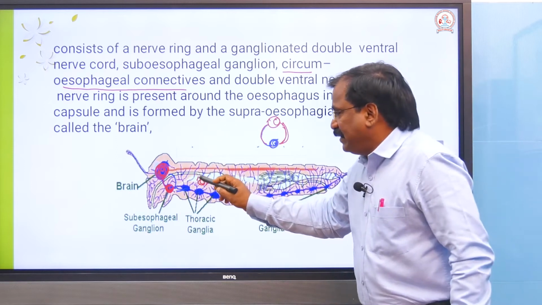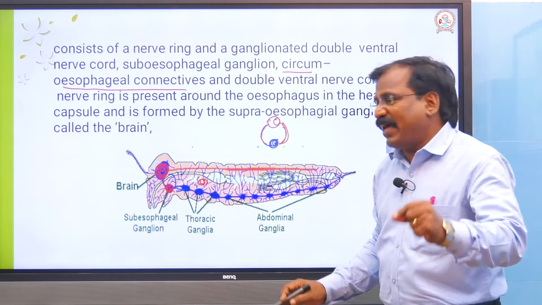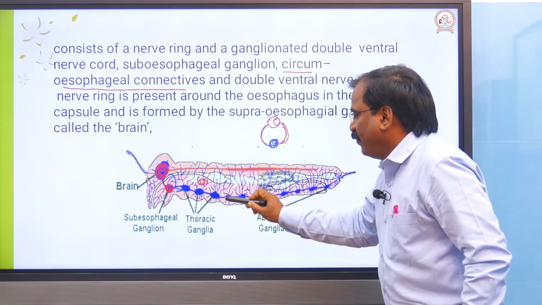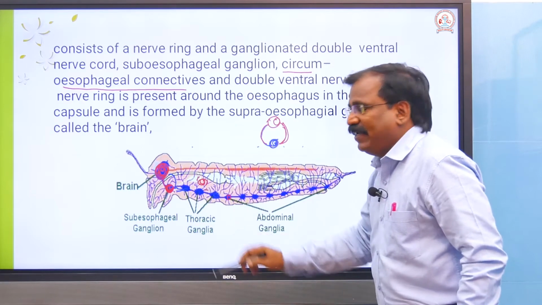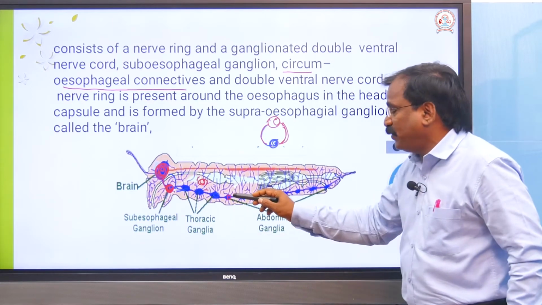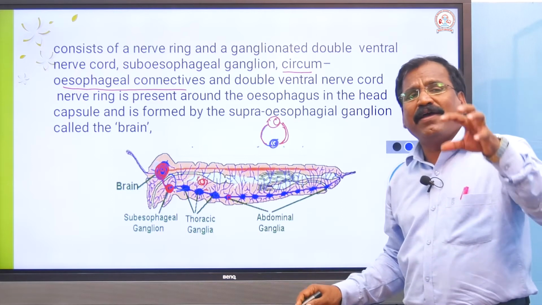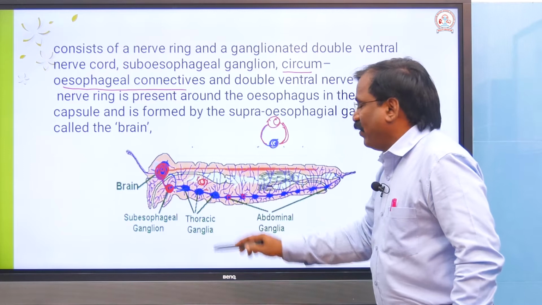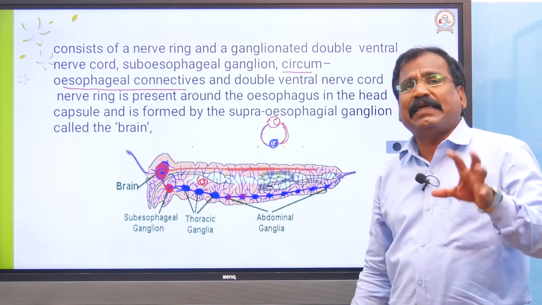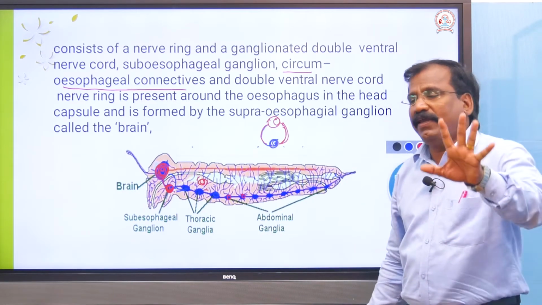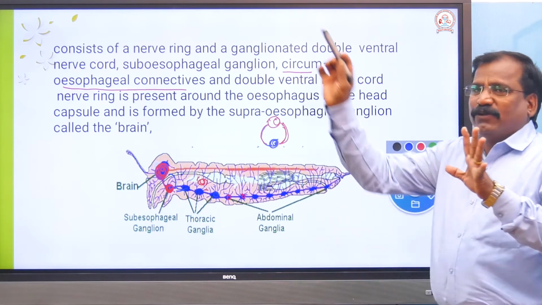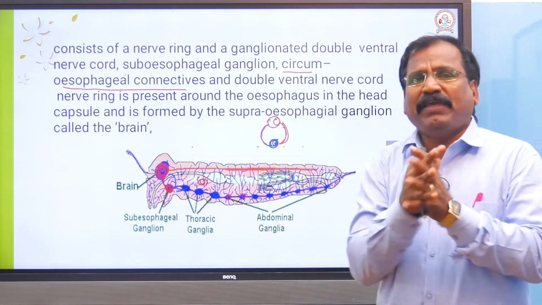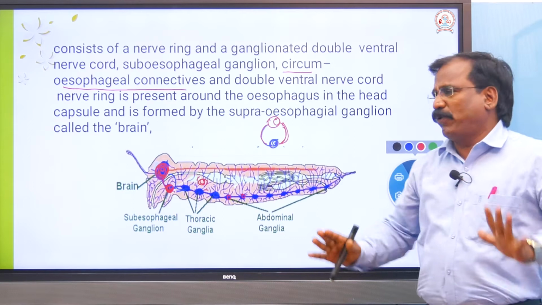In each segment there is a ganglion, so the double ventral nerve cord forms segmentally arranged ganglia. These are the components of the nervous system, very simple.